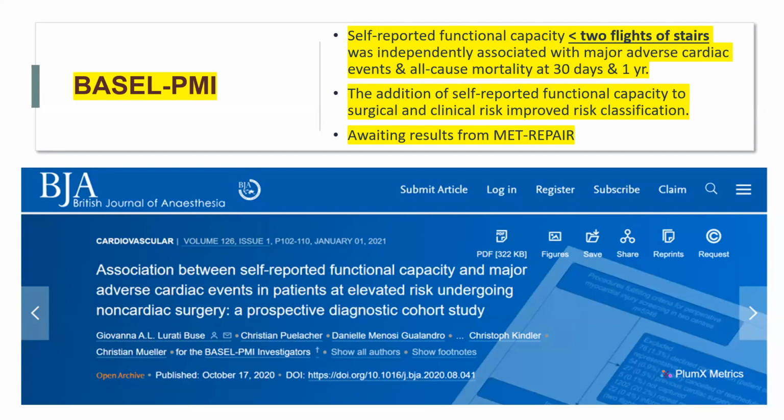And adding this functional capacity to surgical and clinical risk, you were able to improve risk classification. They have a larger study that's being evaluated for publication right now called the METS Repair trial, which had over 15,000 patients looking at a single question: can you climb 2 flights of stairs or not, to assess whether the patient will be at increased risk or not.